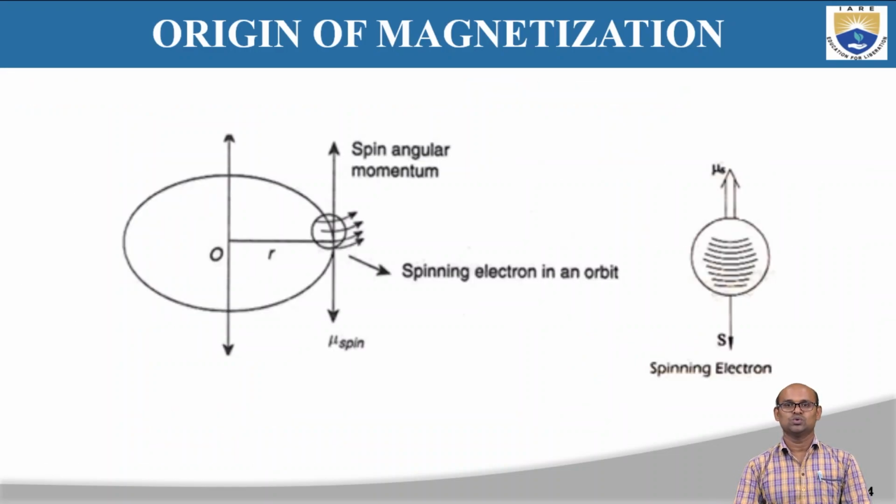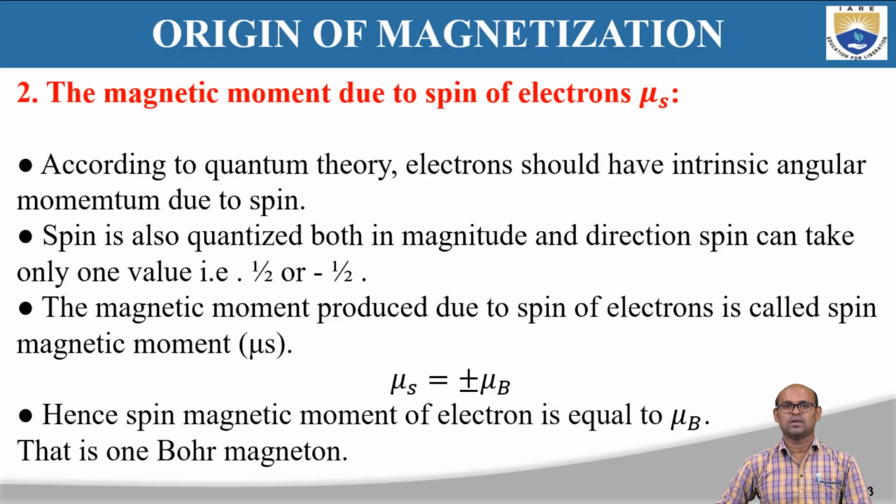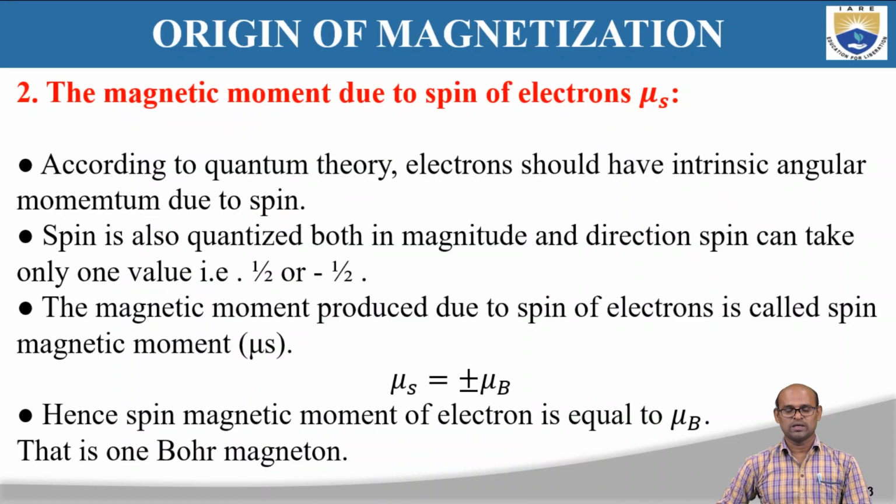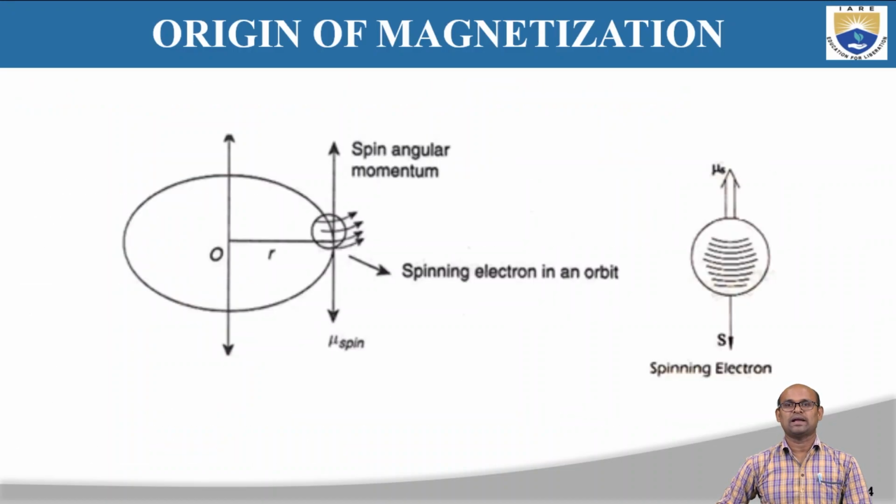The electron can rotate about its axis itself, and that is the spinning of the electron. It is also quantized by quantum theory in both direction and magnitude, with only plus or minus half, and that is why we have plus or minus mu B. So the spin magnetic moment is equal to 1 Bohr magneton.